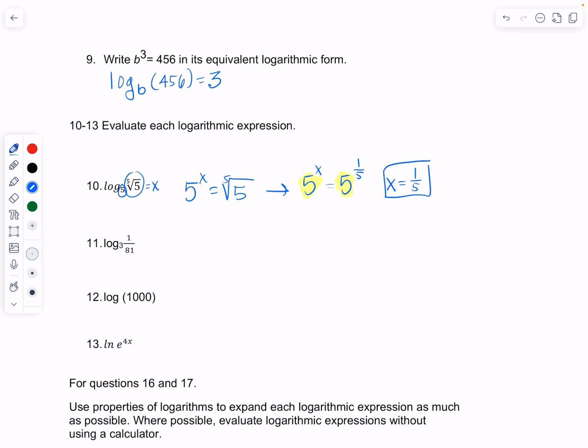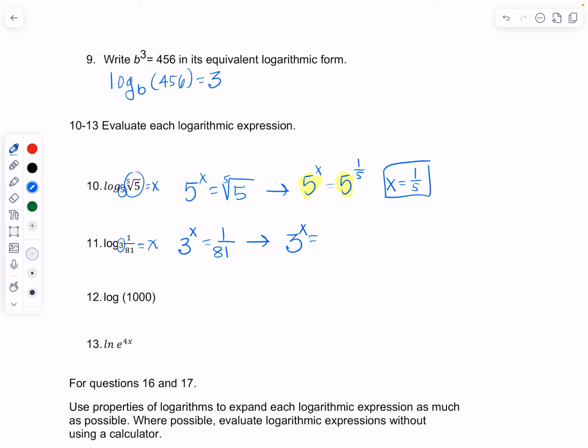Okay, number 11. Again, we're going to rewrite this. So log base 3 of 1/81 equals x. So the base is 3. So 3 raised to the x equals 1/81. Now, I want to write this so the bases are the same so I can set the exponents equal to each other.